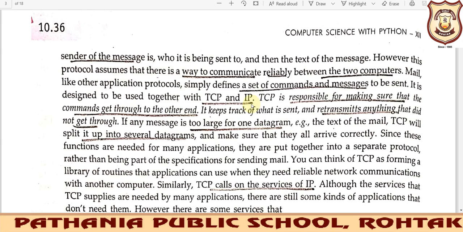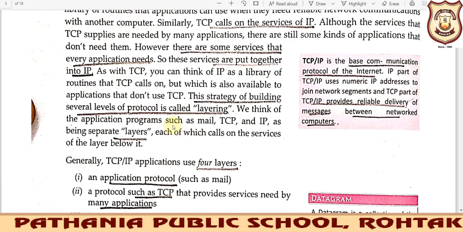If any packet is lost in between, because they are traveling through an unguided medium, through radio waves, and moreover they are not traveling in the same sequence but following different routes, sometimes some packet is not able to reach a particular destination, so that packet has to be resent. When all the packets have been received properly at the destination, only then is the original message regained and given to the receiver.